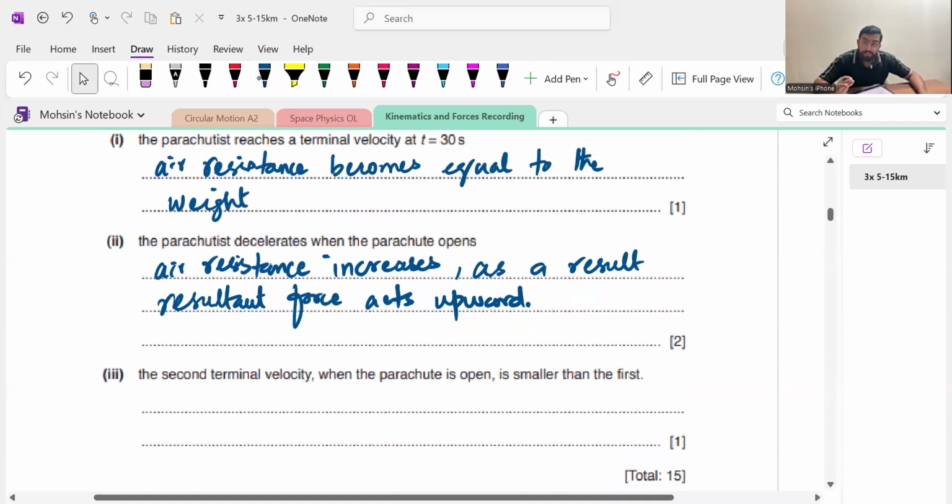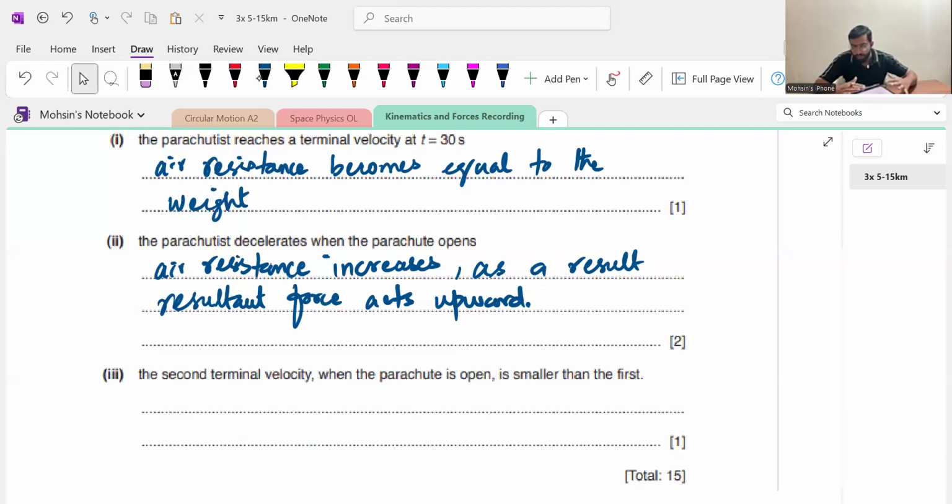The second terminal velocity when the parachute is open is smaller than the first one. Why? Because when air resistance increases, it reduces the velocity. When speed reduces, at less speed, less air resistance is required. So that's why the decrease in velocity.